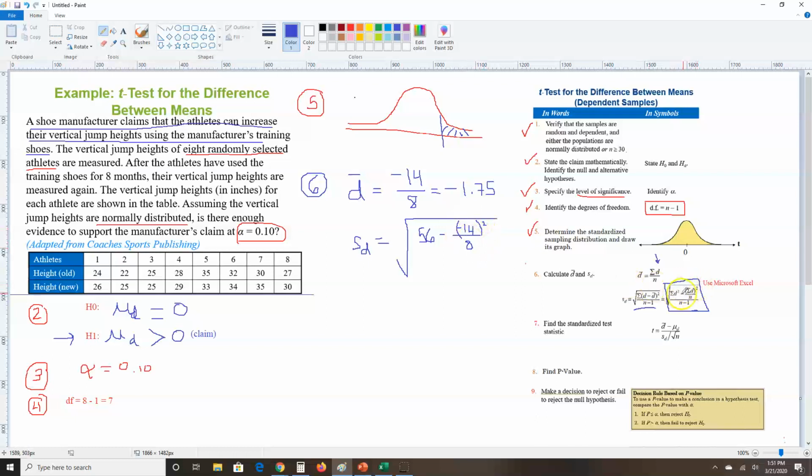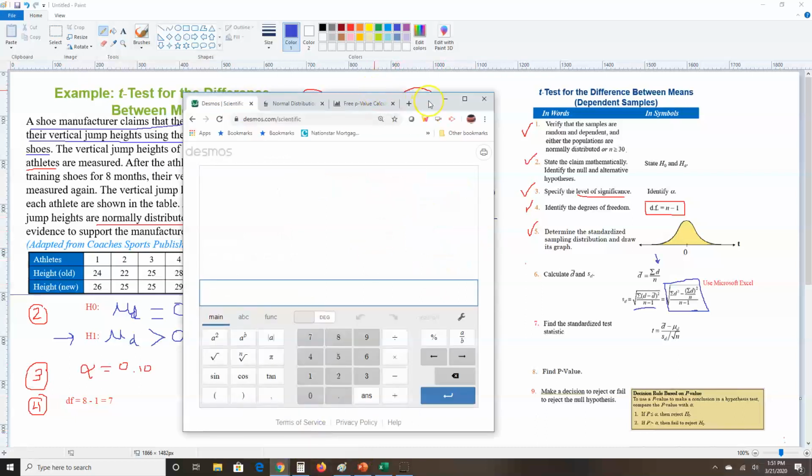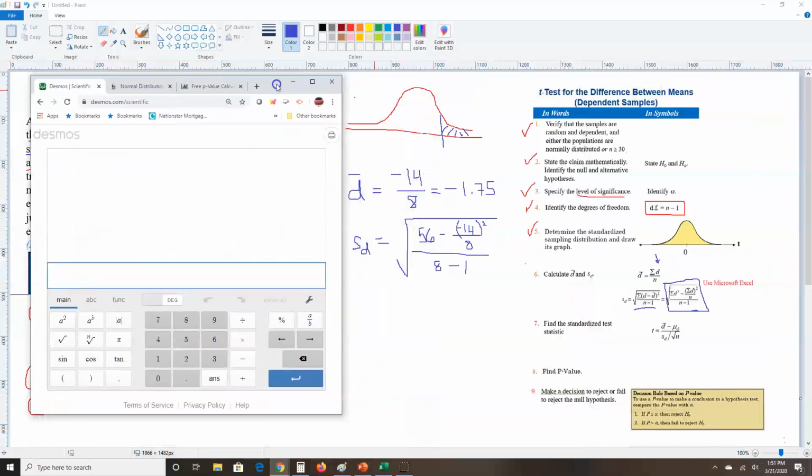You can see I'm plugging in the top of the formula. Then we have this long fraction bar. And on the bottom, I have n minus 1. So n is 8 minus 1. Now, I just plug in the formula. Once you plug in, just use your calculator. However, I'm going to use the decimals calculator because I can type all of this in here. So I'm going to put the square root, then the fraction, then on the top 56 minus, then I have another fraction.